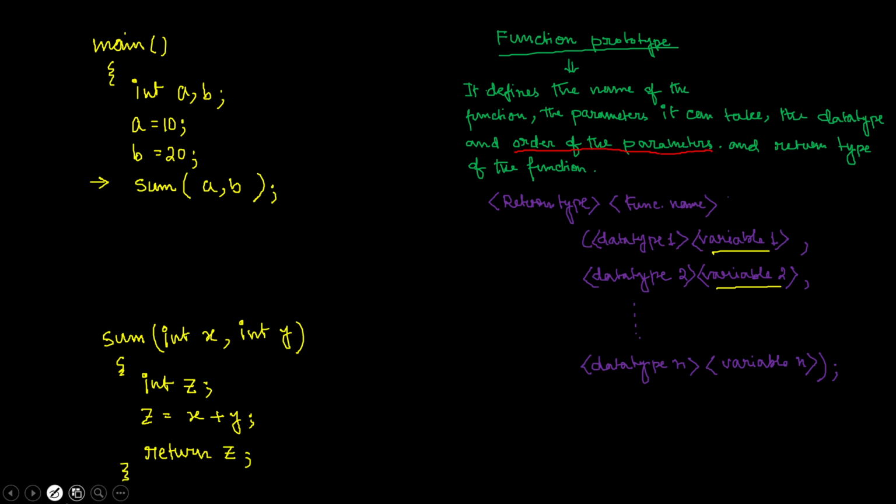Here a very important point you have to remember regarding this return part. A function cannot return more than one value in C language.